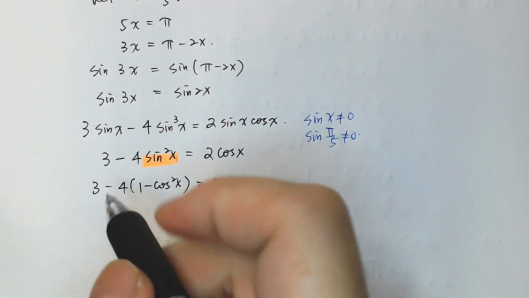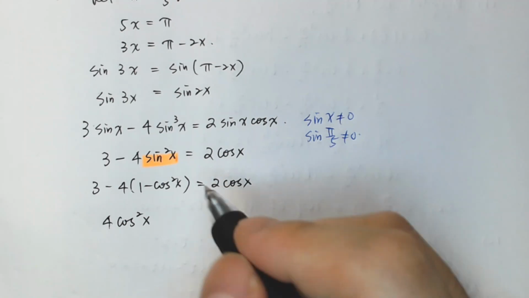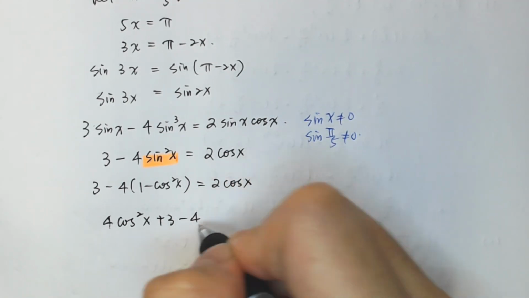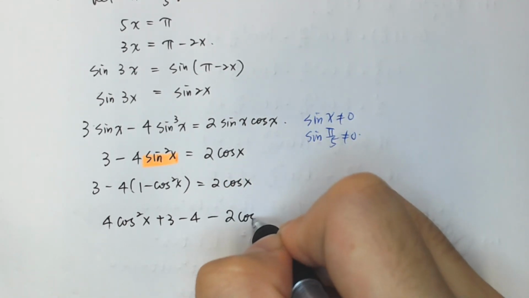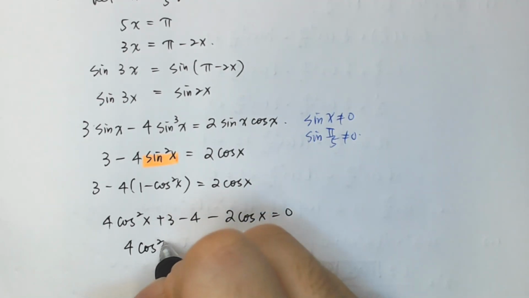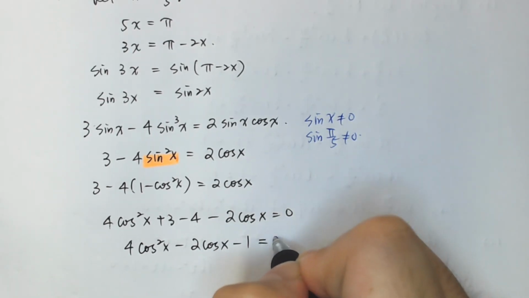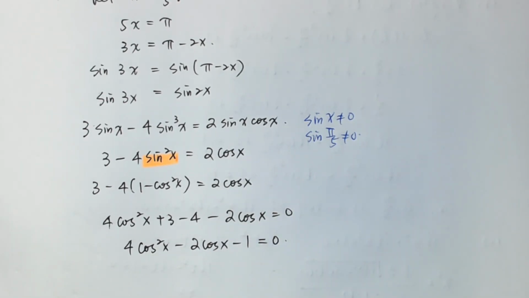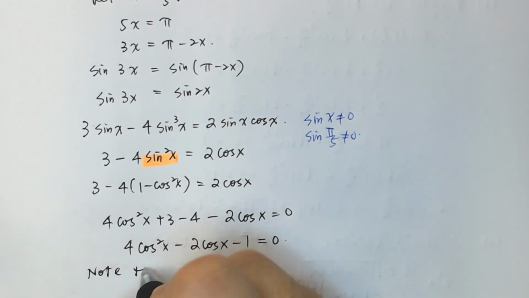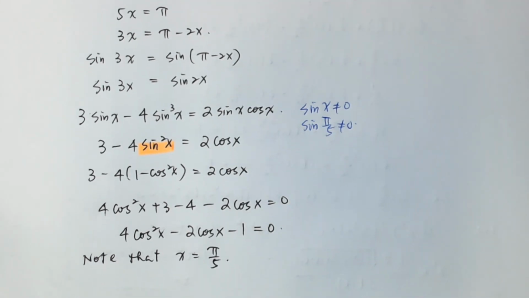And now by expanding the bracket, you have 4 cosine square x plus 3 minus 4 and then minus 2 cosine x equals 0. And 4 cosine square x minus 2 cosine x minus 1 is 0. So note that x equals pi over 5, record it again.